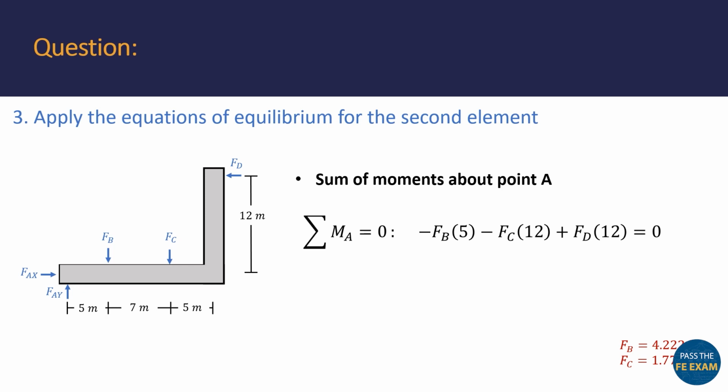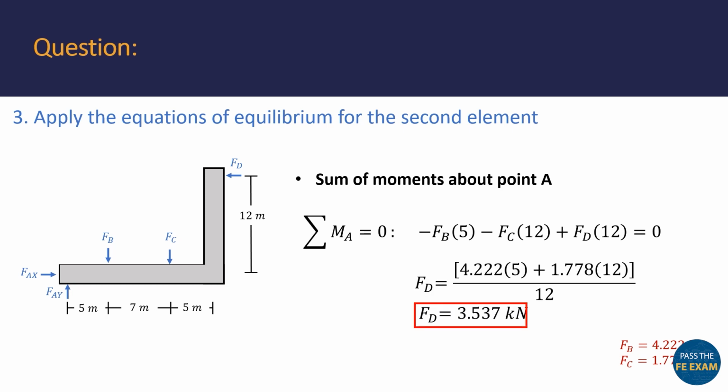This allows us to write our final equation as negative force FB times 5, negative force FC times 7, plus force FD times 12 is equal to 0. By substituting forces FB and FC, we finally find that the reaction force FD is equal to 3.537 kilonewton.